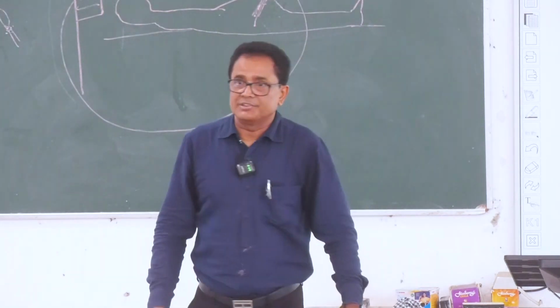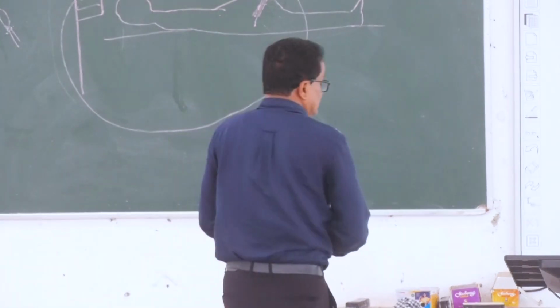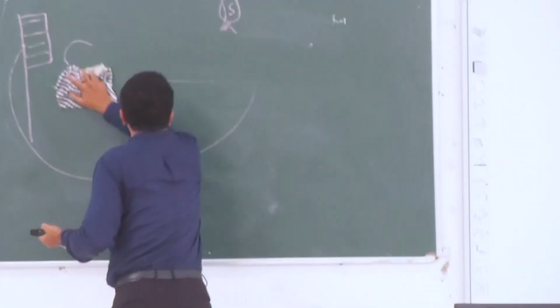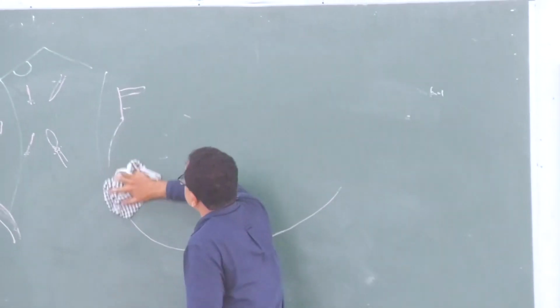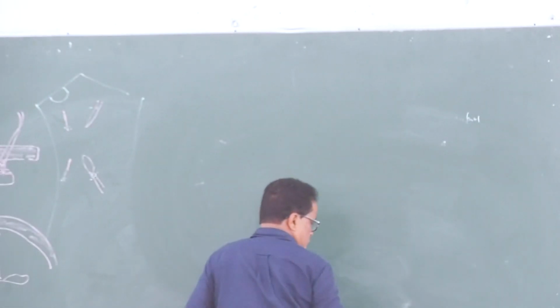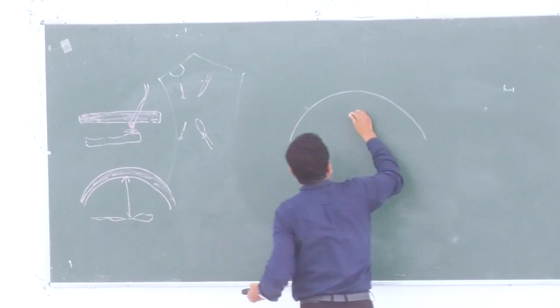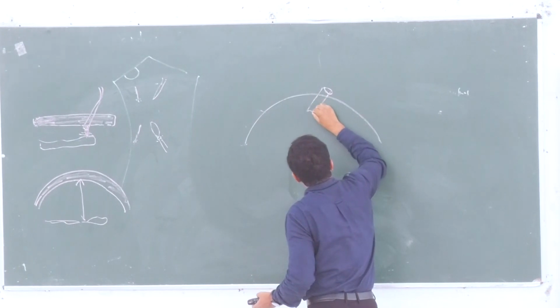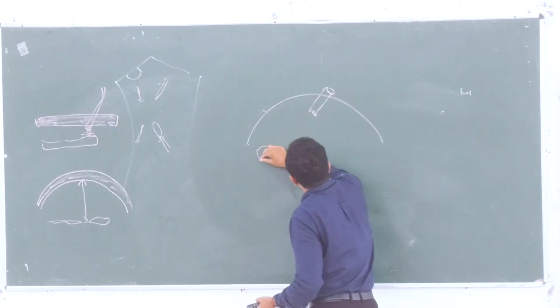Then there is triangulation. Triangulation means this surgery is different from laparoscopic surgery in that, suppose this is the tummy, here is that tube, and here is the gallbladder.